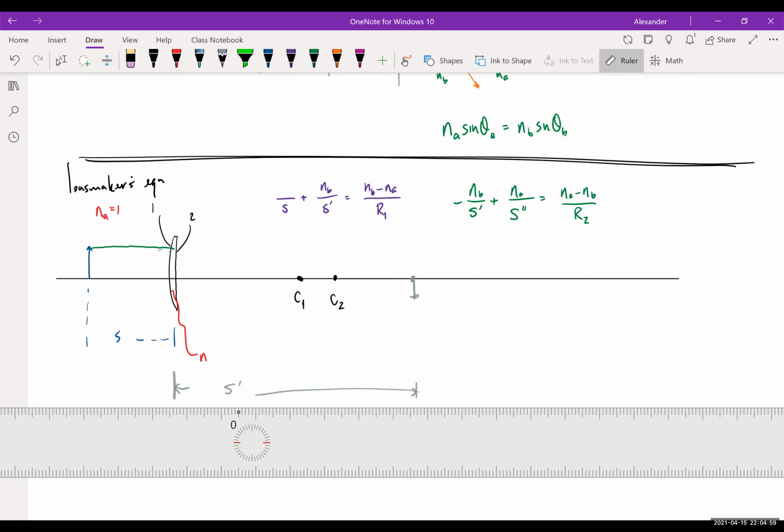N sub A is 1. The numerator there is just n minus 1. N sub B is just n, N sub A is 1, and this is 1 minus n.